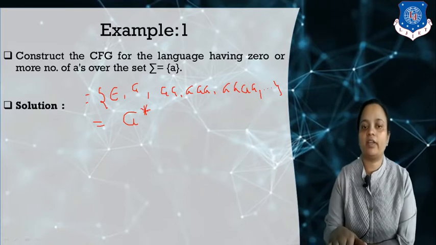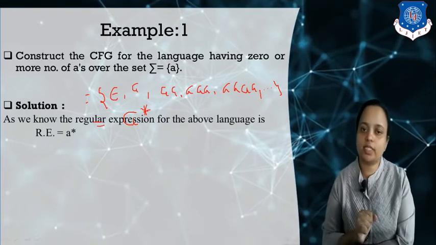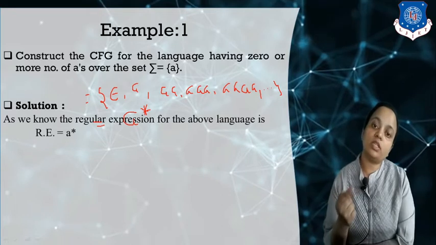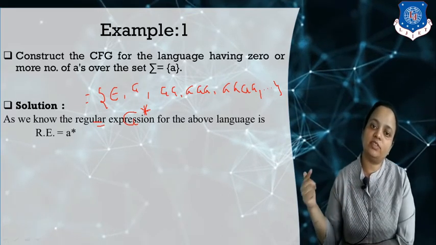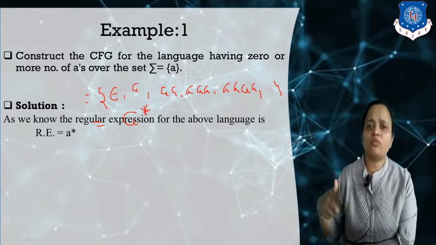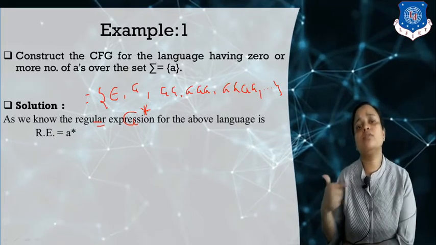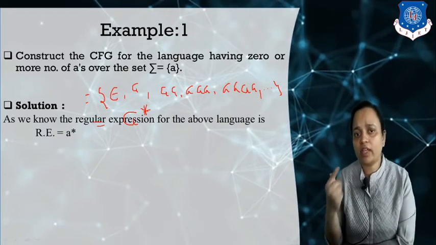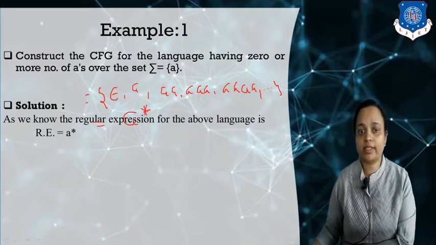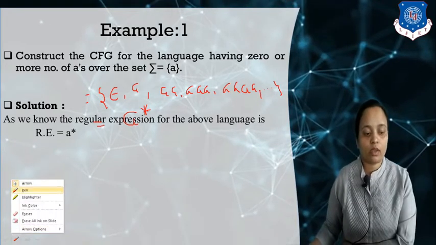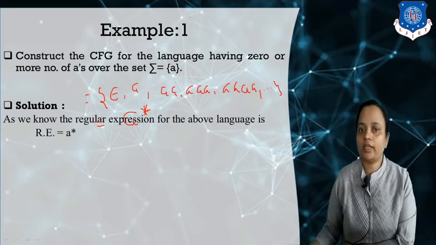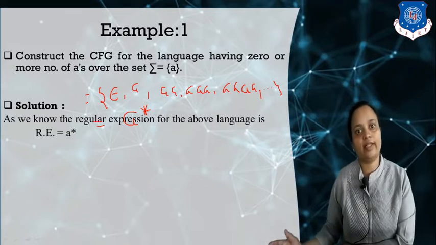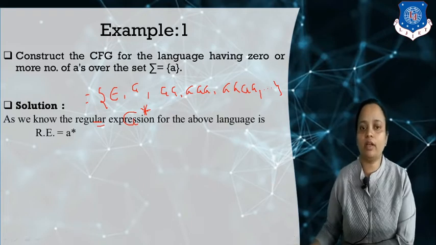Here I have written down the solution. First of all, A star. Now if you see, the symbol A is repeated 0 or more times. So when the symbol is repeated, how can we convert it to a context-free grammar? Understand this concept. In a context-free grammar, the left hand side of a production always contains a single non-terminal, and the right hand side contains a combination of terminals and non-terminals.